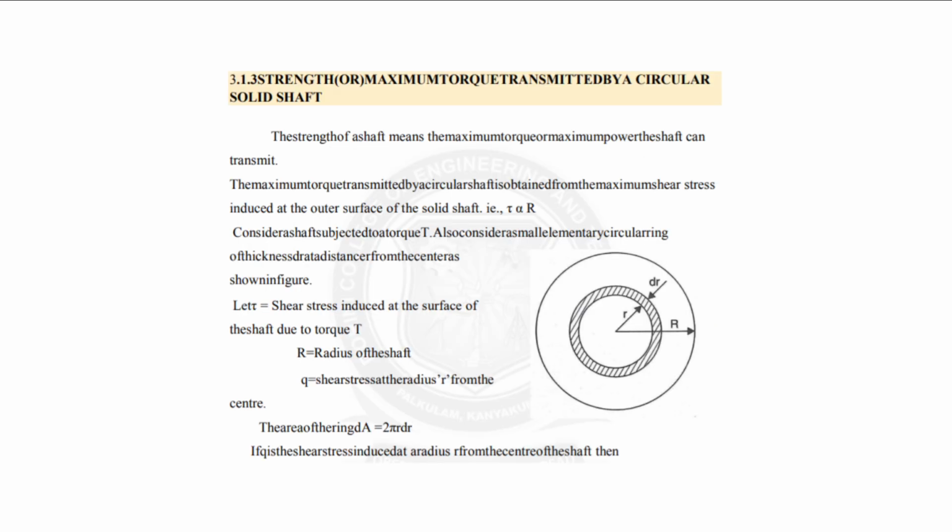Strength or maximum torque in a circular solid shaft. The strength of the shaft means the maximum torque or power the shaft can transmit. The maximum torque transmitted by the circular shaft is obtained from the maximum shear stress induced at the outer surface of the solid shaft, that is tau into R. Let tau be the shear stress induced at the surface of the shaft due to torque T, R the radius of the shaft, and q the shear stress at radius r from the center.